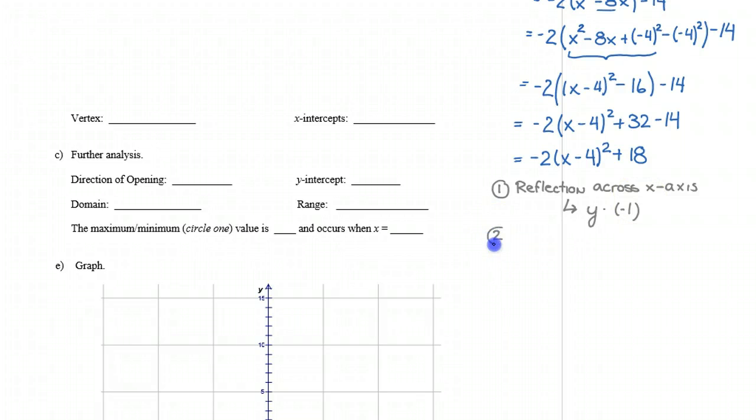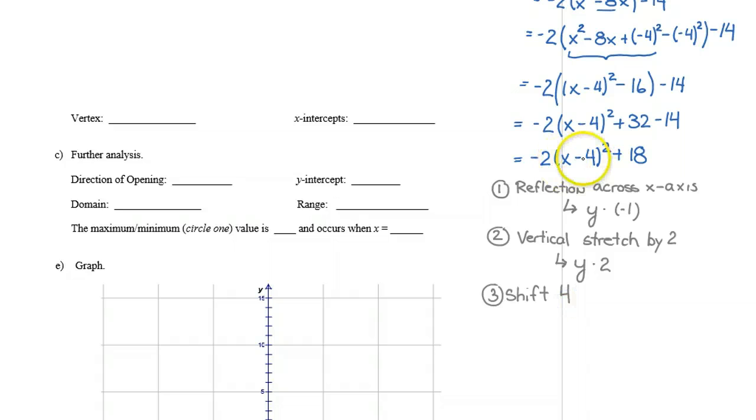The second step here is I see this 2 means there's a vertical stretch by 2. So that means I'm going to take each y value and multiply it by 2. Since I have x minus 4, I'm going to shift 4, and remember the horizontal lies, so we're going to shift 4 to the right.